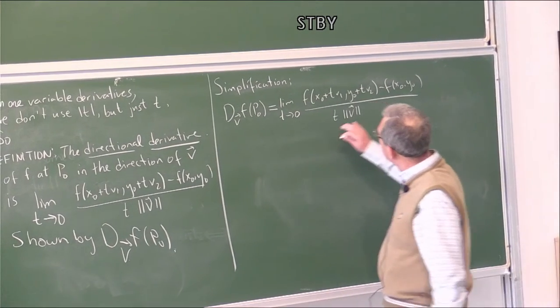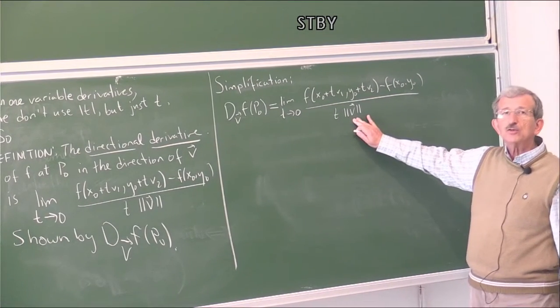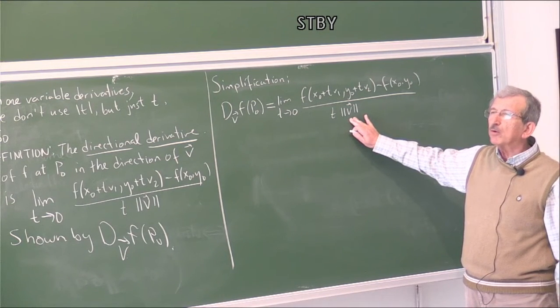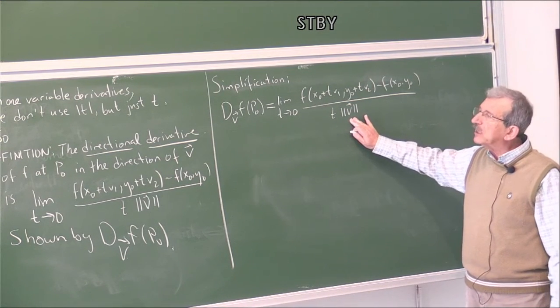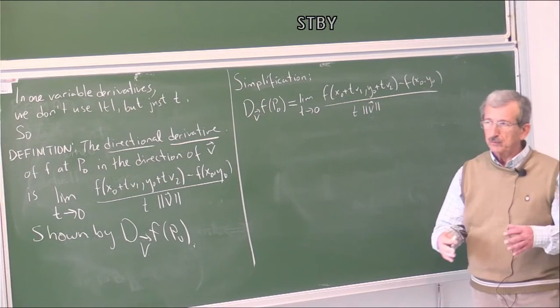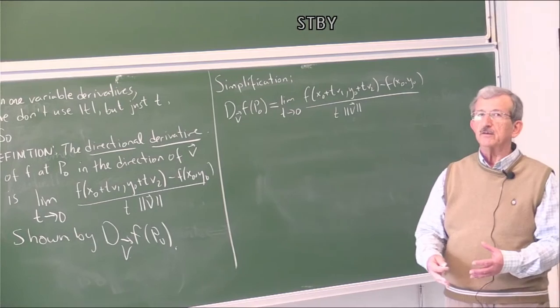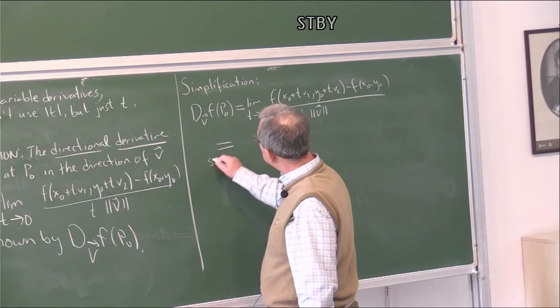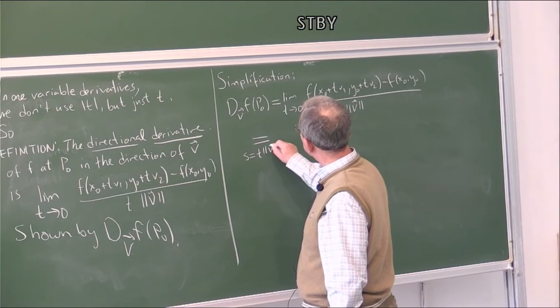So here, okay, the length of v is quite superfluous. We don't need it, and it's not important. V only shows a direction. And so we can try to put a unit vector instead of it. This we can do as follows. Say S is t times length v.